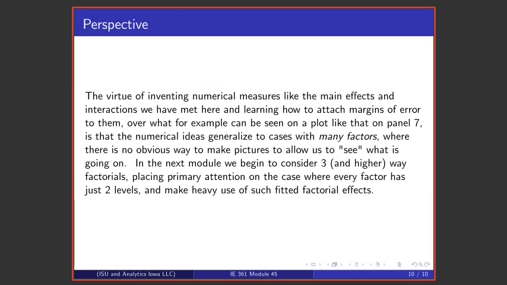And so in subsequent modules, we're going to begin to consider 3 and higher way factorials, 3-factor studies, 4-factor studies, and so on.